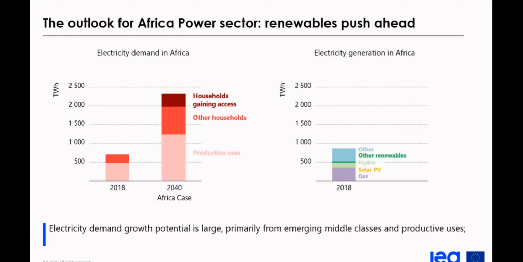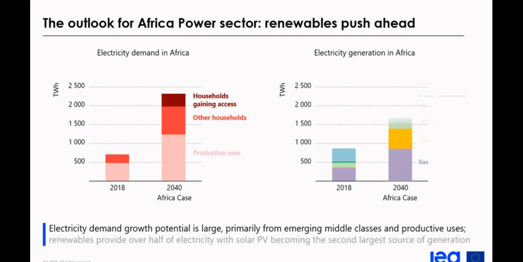But there will also be a new demand from households who are not connected today and who will gain access to electricity. And the mix for generating this electricity will also evolve with an important role for gas, but the big winners will be modern renewables, specifically solar PV, which is expected to grow very fast.